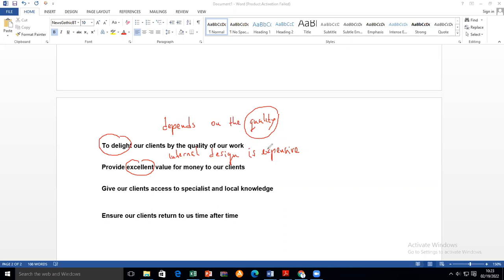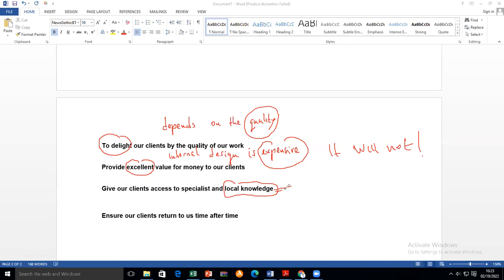No. If the internal design is very expensive, it will not. Give our clients access to specialist and local knowledge. Again, where was the advert done?